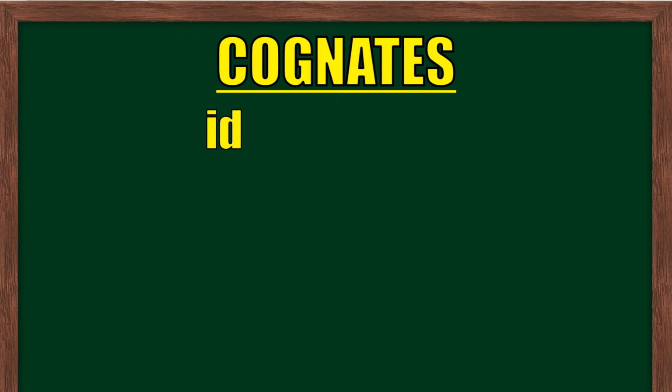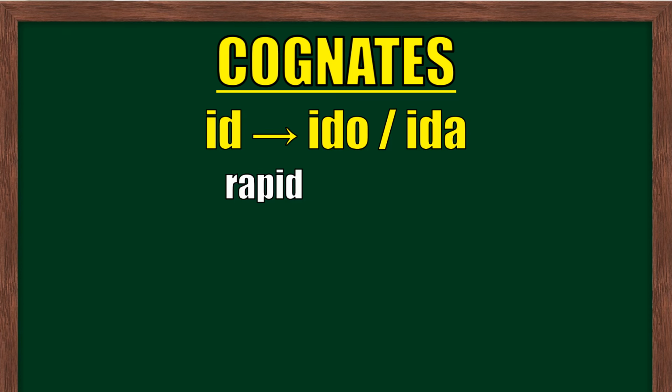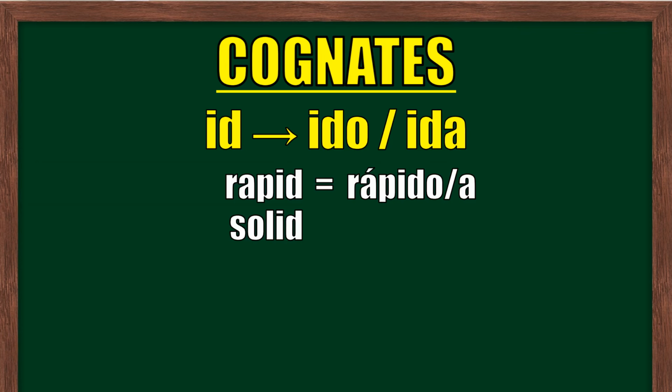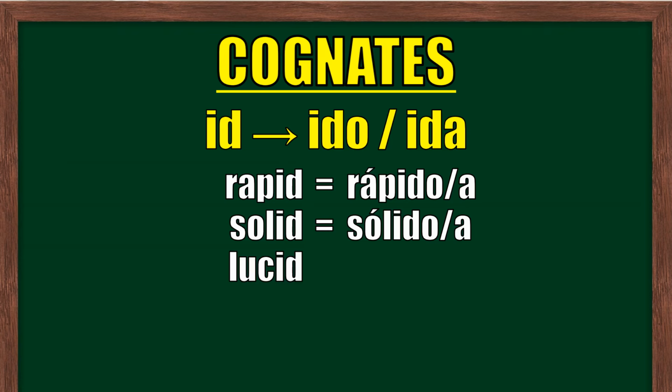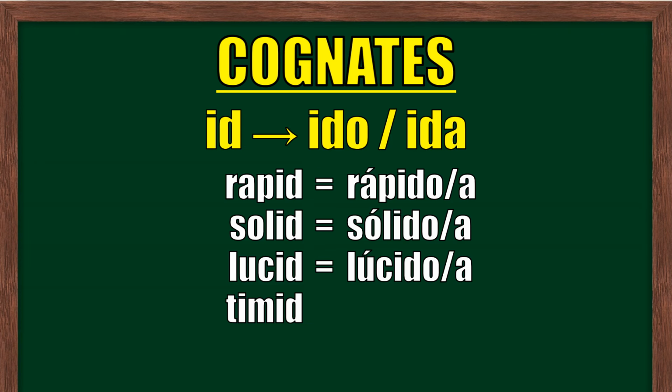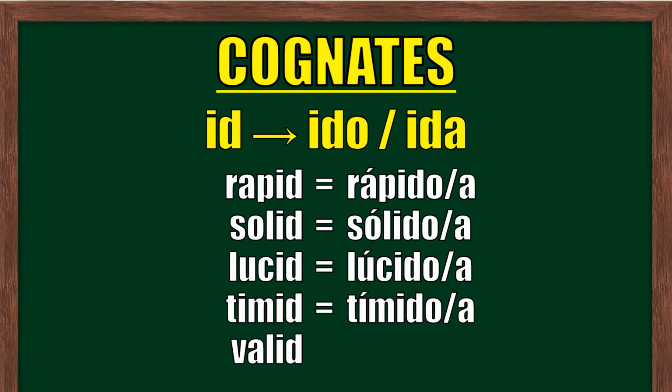Words that end in ID in English end in IDO in Spanish. For example, rapid becomes rápido. Solid becomes sólido. Lucid becomes lúcido. Timid becomes tímido. Valid becomes válido.